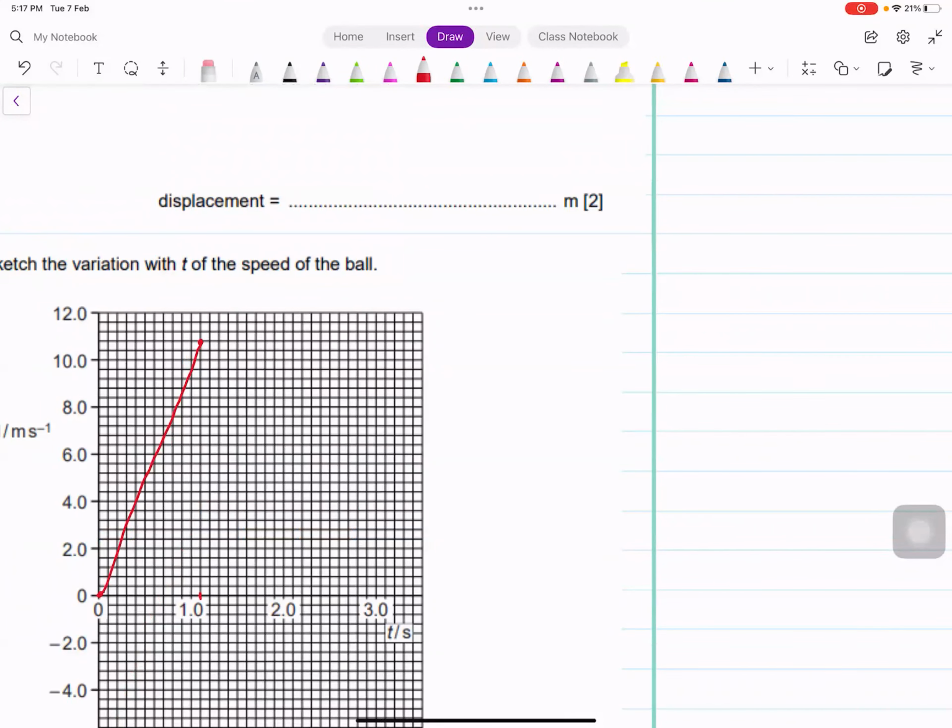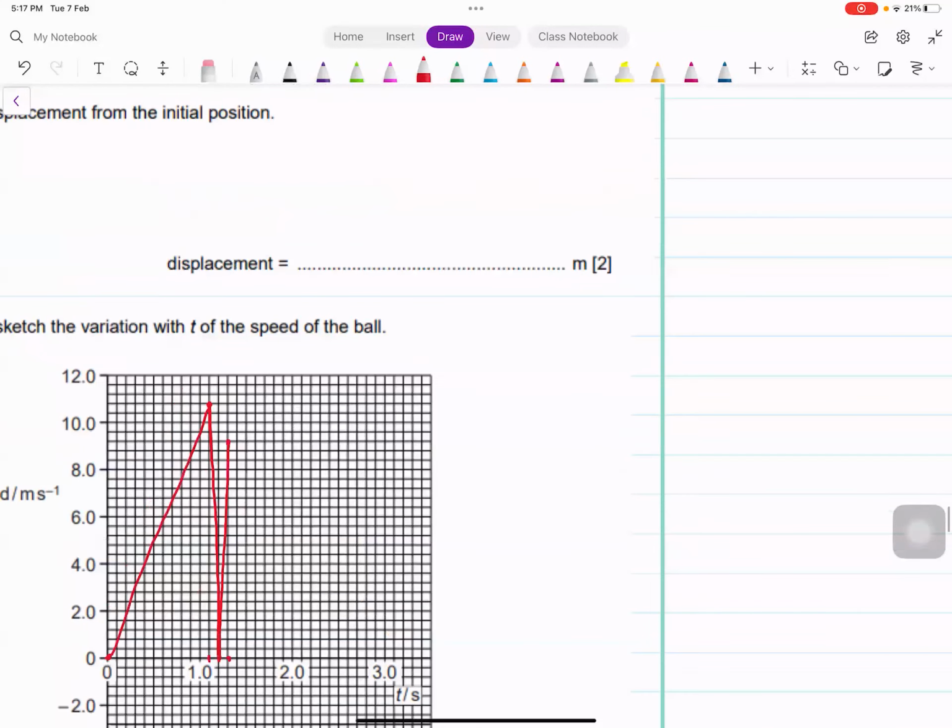So from here till here, you're gonna make the speed 0, and now you're gonna raise this back to 8.8, which is here. The reason you need to do this is because speed is a scalar quantity, and you are just going to look at the magnitudes, not the direction.